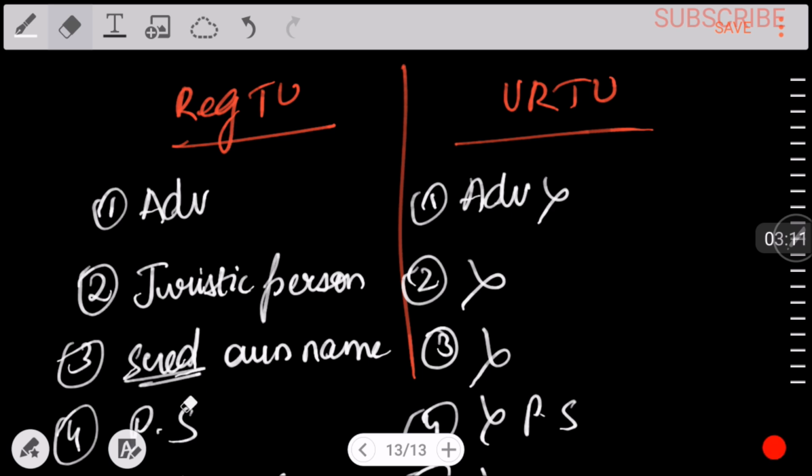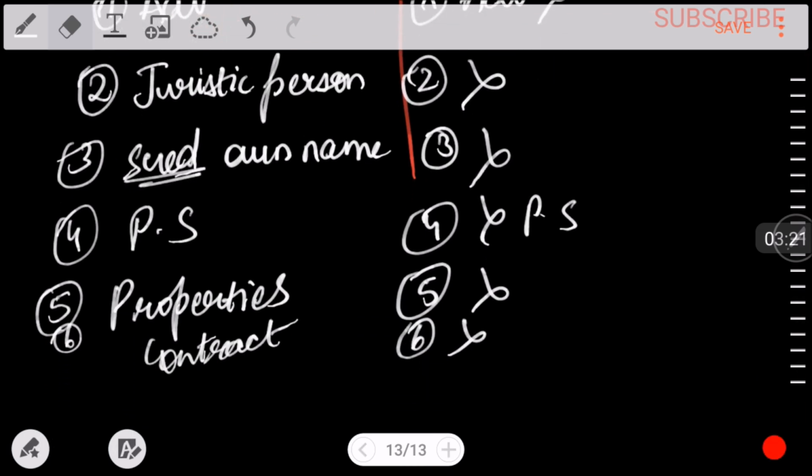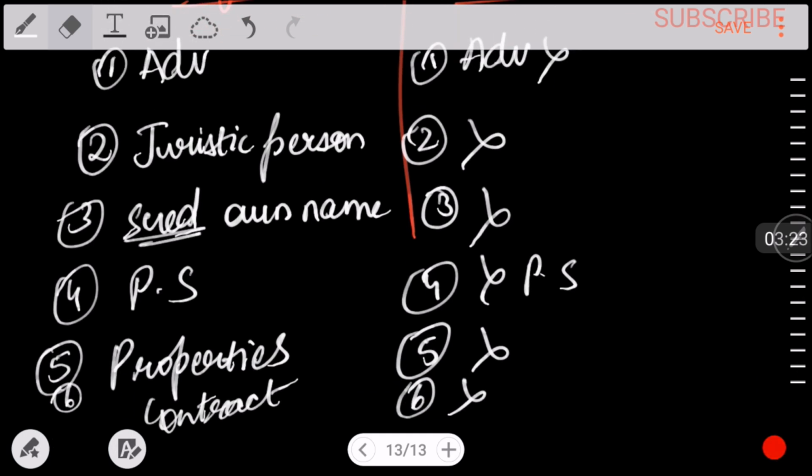Fourth point, a registered trade union has perpetual succession, that it goes on forever even if the members who have created the trade union die. An unregistered trade union does not have any perpetual succession. If the persons who have created the trade union die, even the trade union ceases to exist.